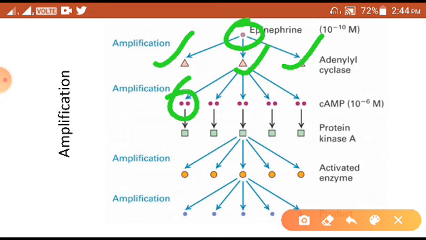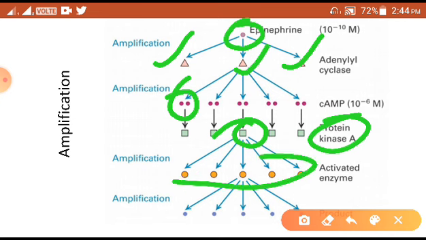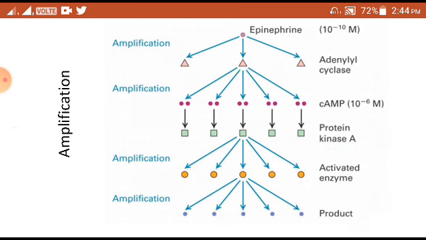Each cAMP molecule activates one protein kinase, so the number of protein kinases is also increased, right? And one protein kinase activates a number of enzymes, right? One activated enzyme will produce various products. This way the amplification process moves on, and ultimately we achieve the desired intensity of the effect. Okay.